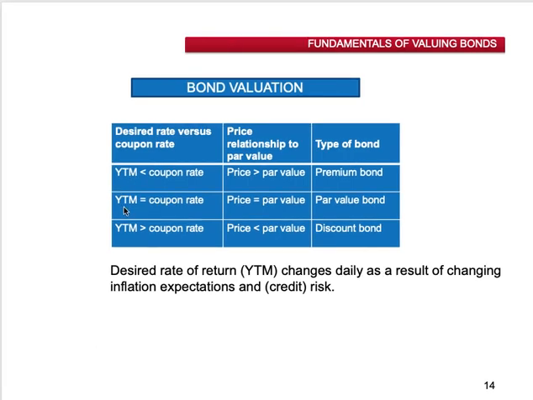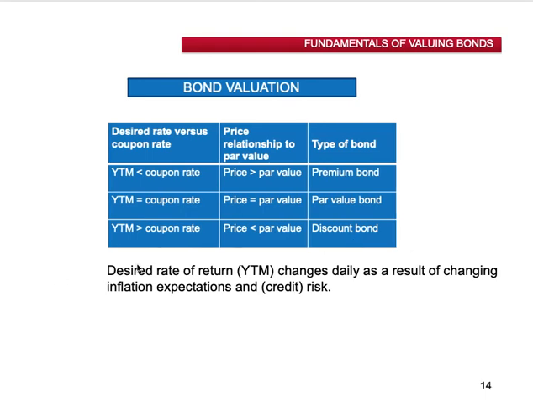If the yield is exactly the same as the coupon rate, so they pay you exactly what you would like to receive, then the price of the bond is equal to the par value, which is in this case 1,000. In the last example, when the yield to maturity, so your yield, is larger than the coupon rate, so what they pay you, then obviously we're dealing with a discount bond.